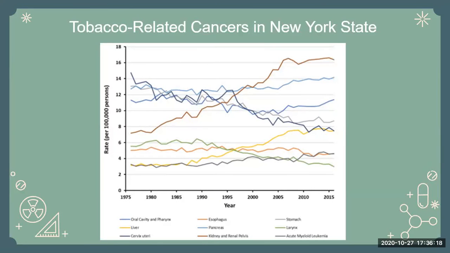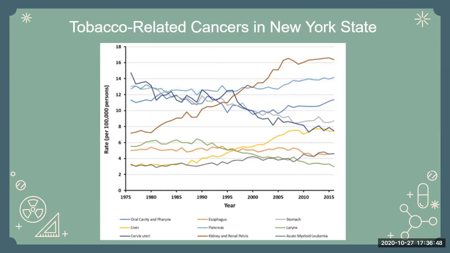Tobacco-related cancers in New York State. In this image, we have the rate per 100,000 persons and the year. The light blue is oral cavity and pharynx cancer. Liver is yellow. Cervix is dark blue.